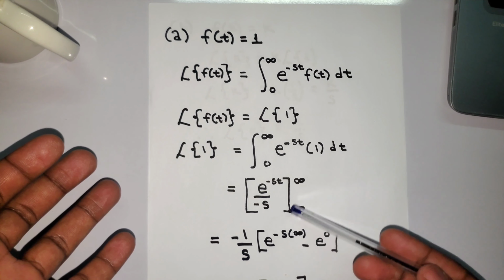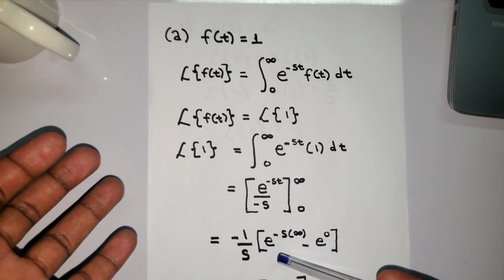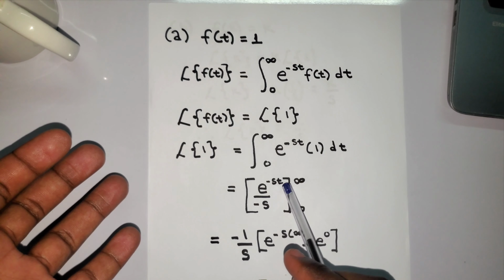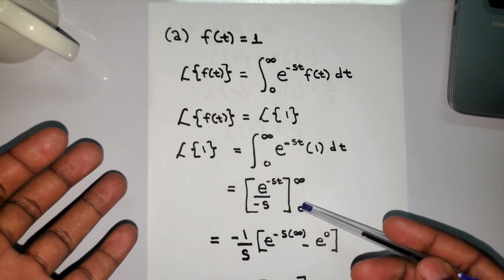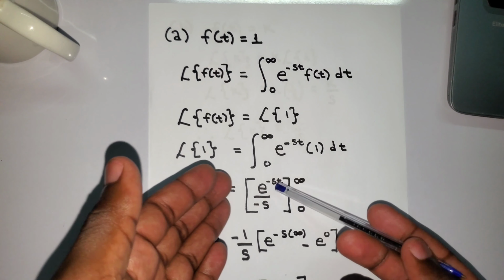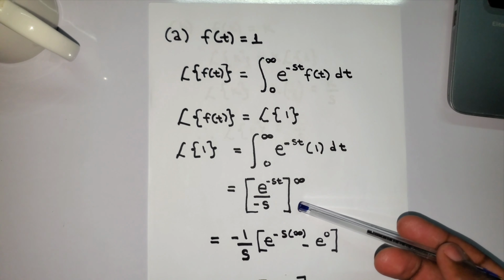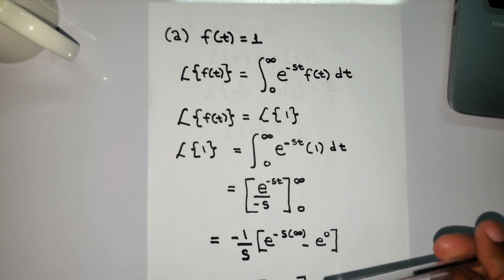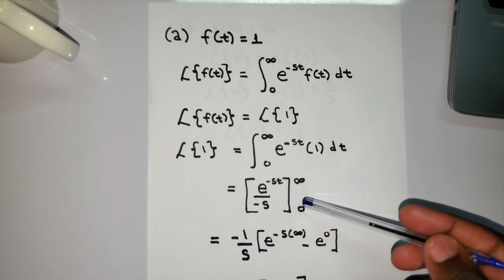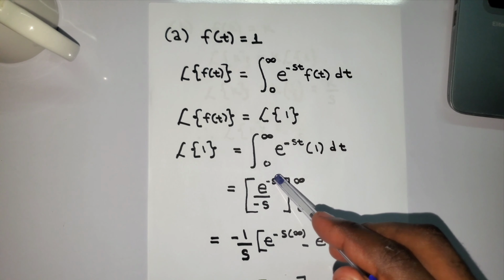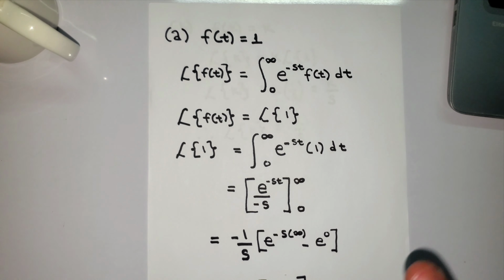We put the infinitely large number where the t is, and we subtract the same, but in this case we put 0 where there is t.